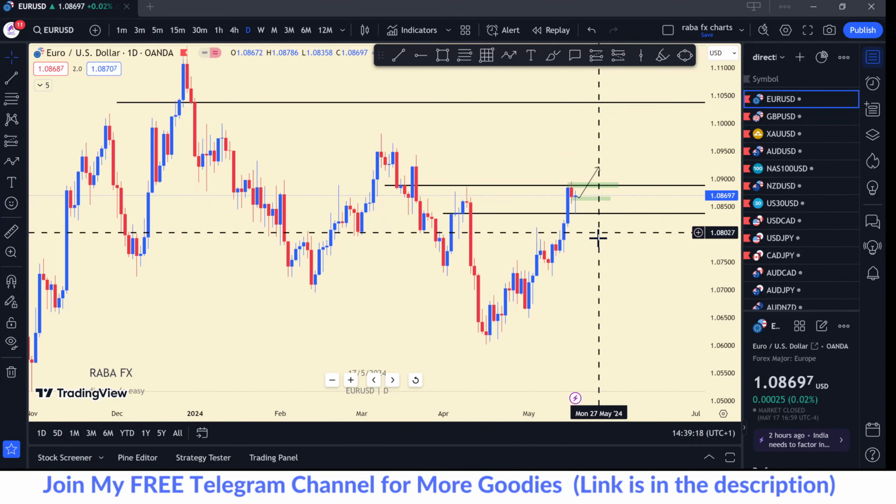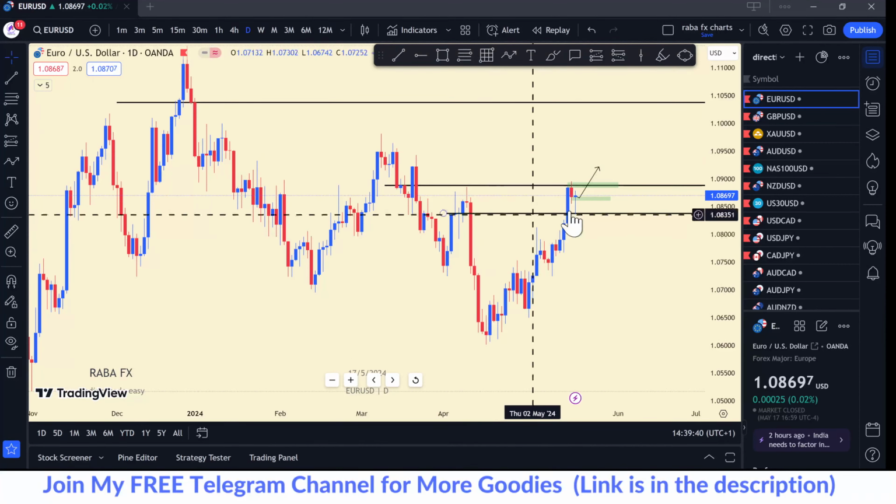So which one will you take? That is why I don't want to confuse you whatsoever with market structure, fair value gaps. There are a bunch of confusion. So with this straightforward approach, I believe learning becomes easier.